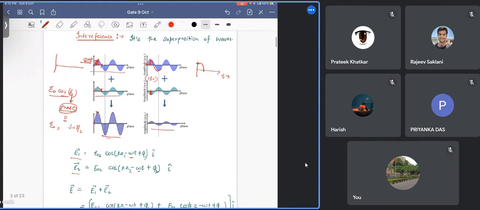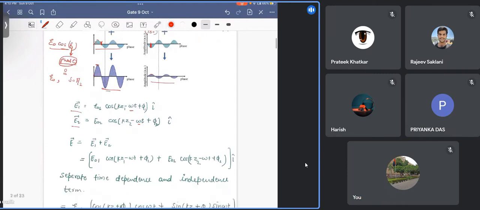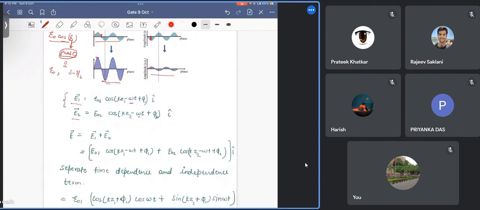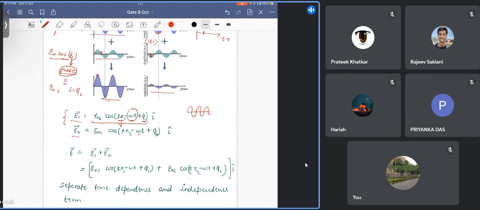As we studied in electromagnetic waves, we can represent any wave as something like cos(kz minus omega t plus phi). The omega t term controls how fast your oscillation is, and kz controls the variation with respect to z, and phi is the initial phase. That means at time t equals 0, what is the phase of this wave?